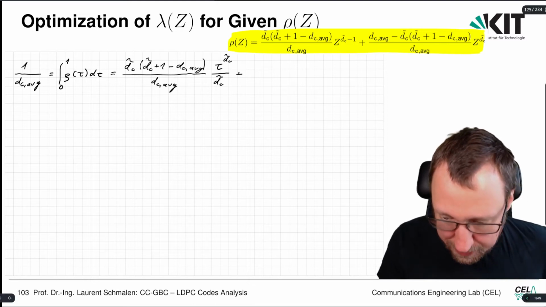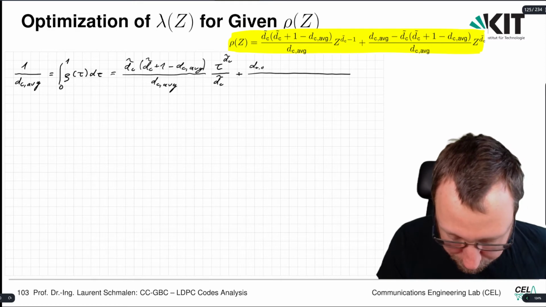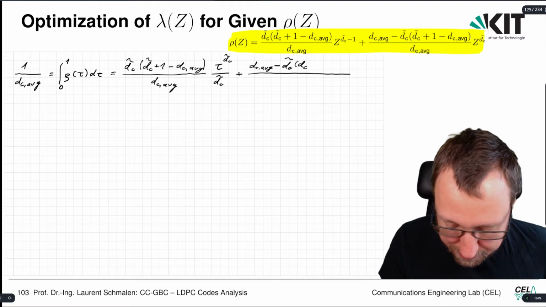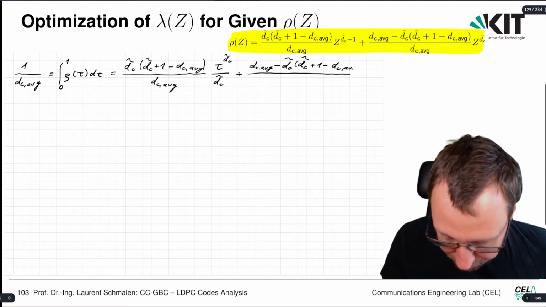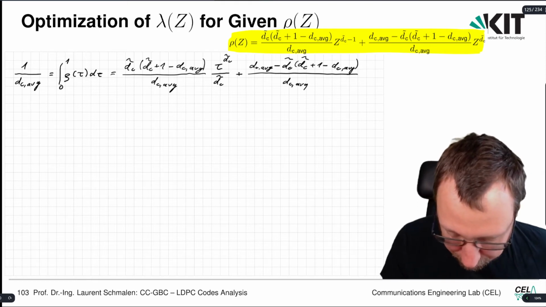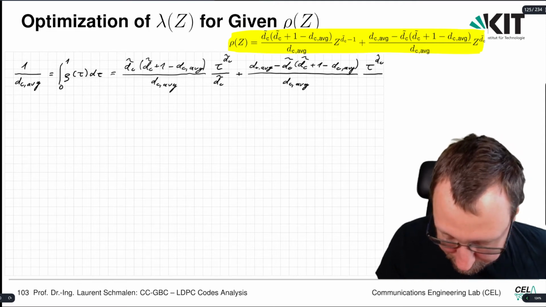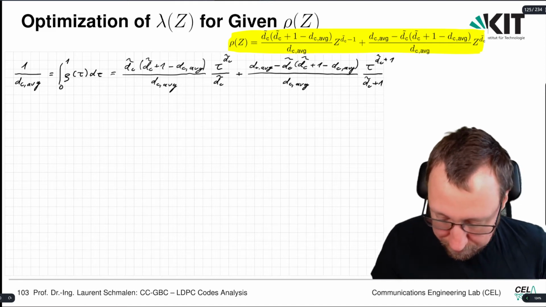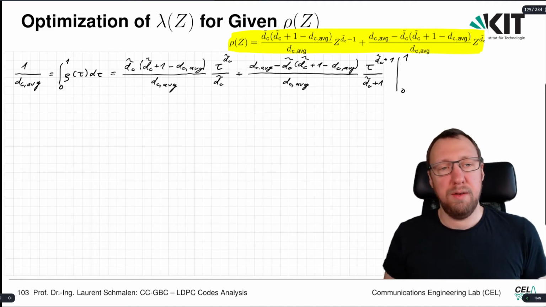Then we have the second term. Second term here is DC average minus DC tilde times DC tilde plus 1 minus DC average divided by DC average. Now we integrate, that is tau to the power DC tilde plus 1 divided by DC tilde plus 1. And we evaluate this guy for 0 and 1.